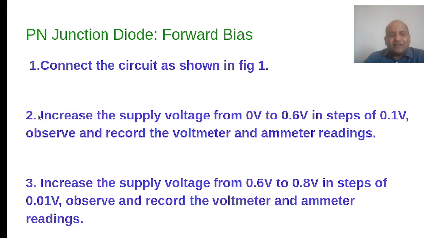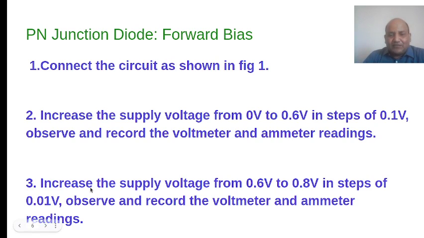Then you increase the supply voltage from 0 to 0.6 volt, in steps of 0.1 volt, and you read down the reading of the voltmeter and ammeter. That reading should be recorded in the table, which we will provide in the next slide.